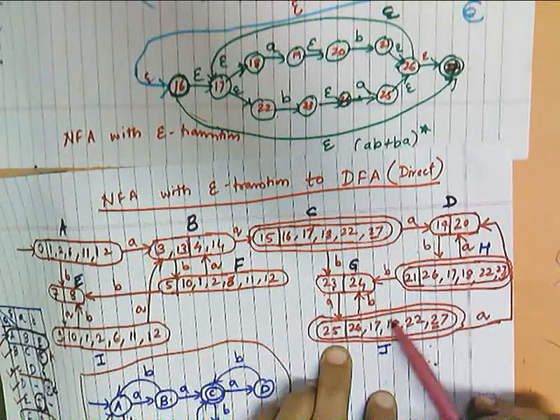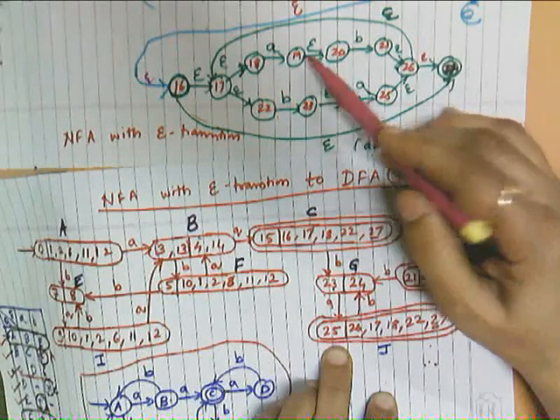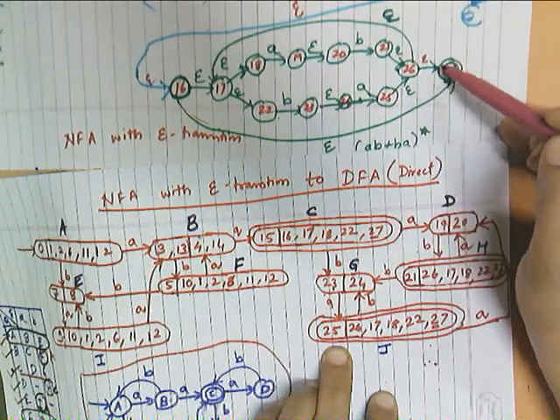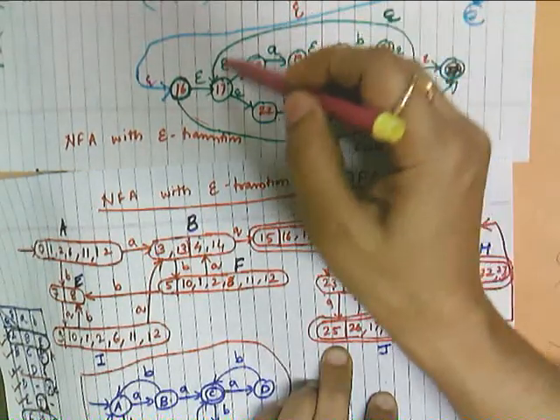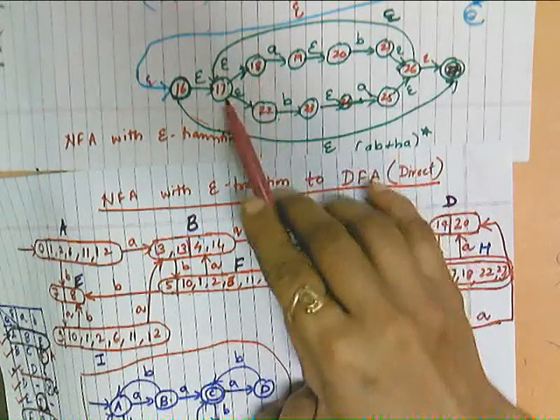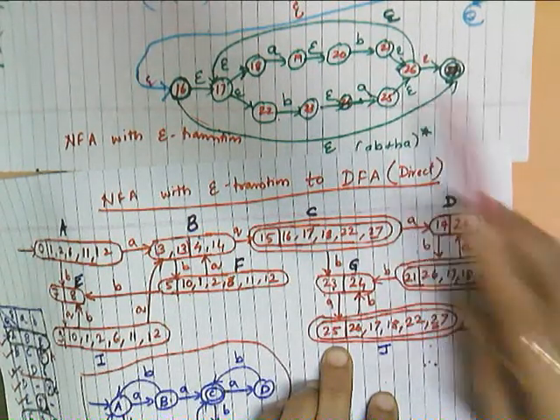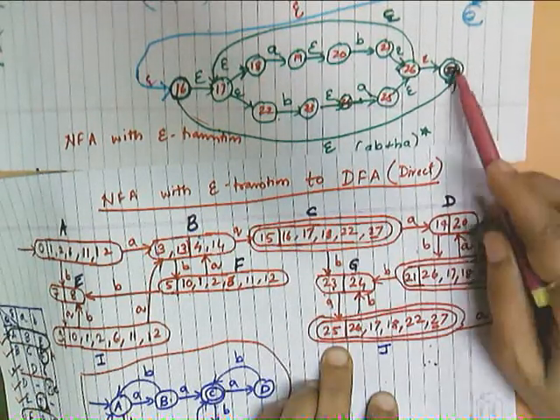Now we will find out the epsilon closure for these two states. So 21 epsilon closure will have 26, 27, and again with this path to 17, then 18 and 22. Just see here, 26, then 17, 18, 22 and this 27.